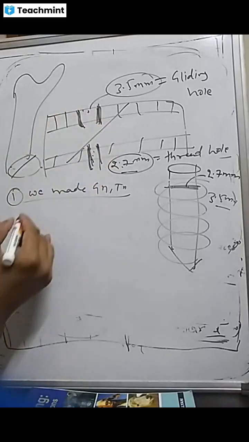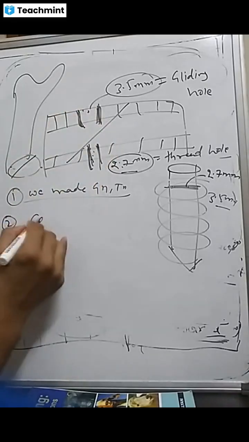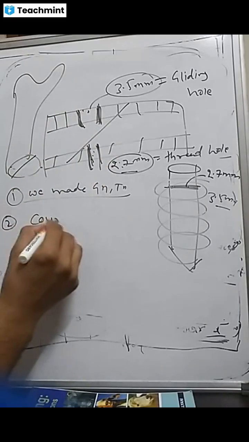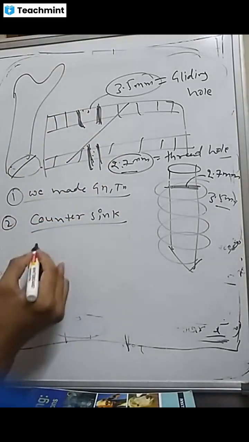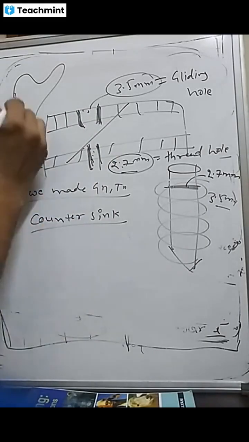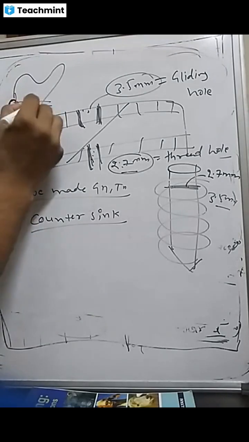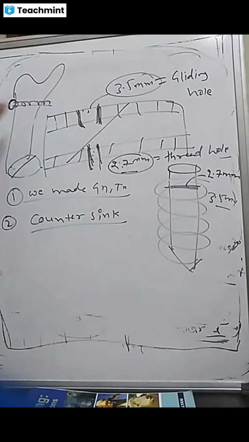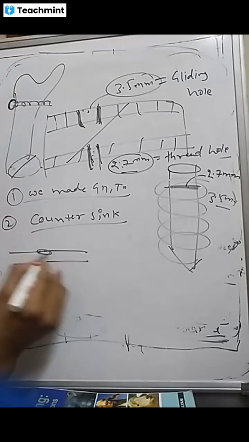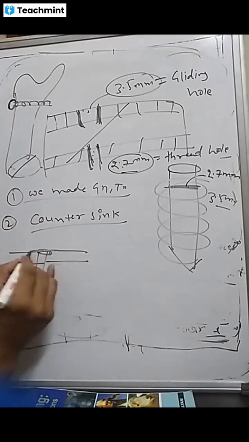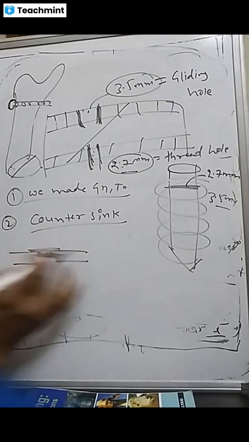Then the next step is, there is one instrument called a countersink. What is the role of the countersink? Suppose you are applying a screw like this. It will be sitting on top of the bone, but we want its head to go to the level of the bone.